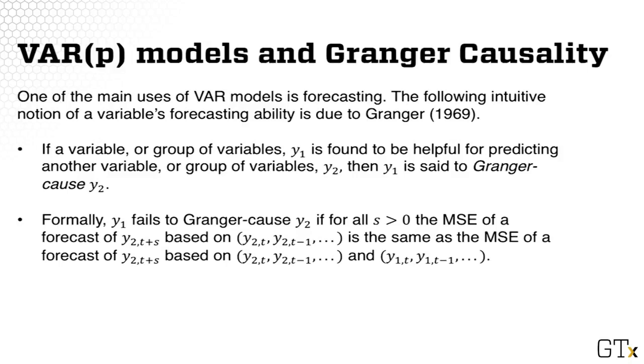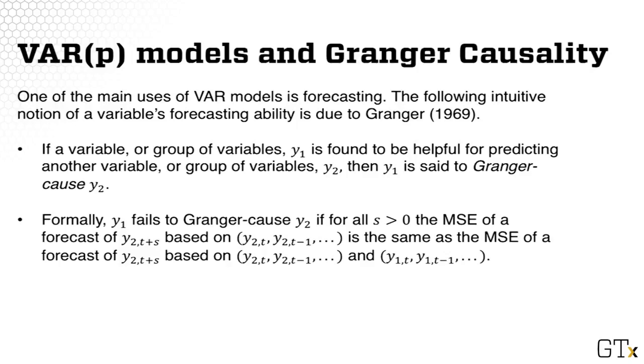If a time series Y1 is found to be helpful for predicting another time series Y2, then Y1 is said to Granger cause Y2. Otherwise, it is said to fail to Granger cause Y2.